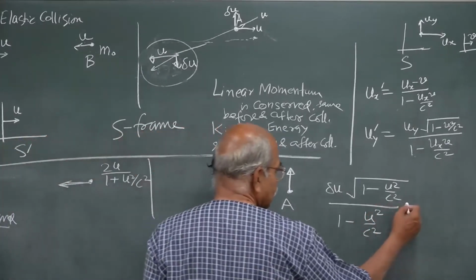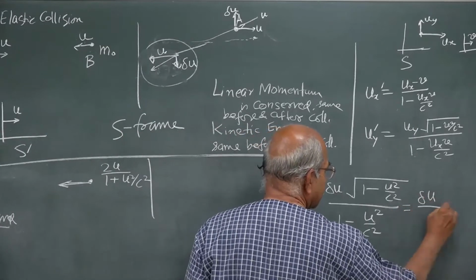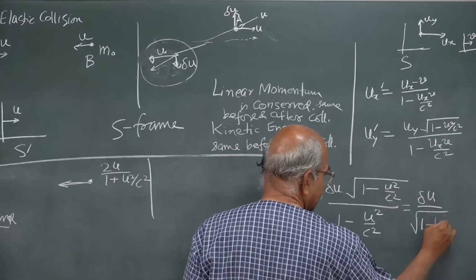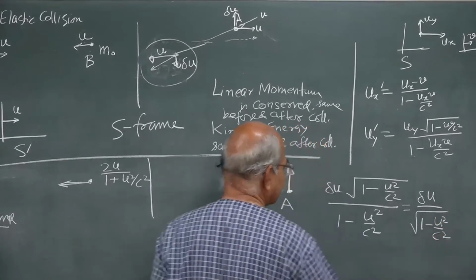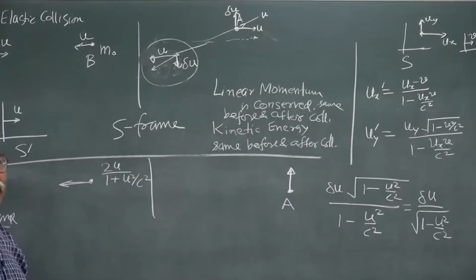Therefore this is delta u divided by the square root of 1 minus u squared by c squared. That is particle A.